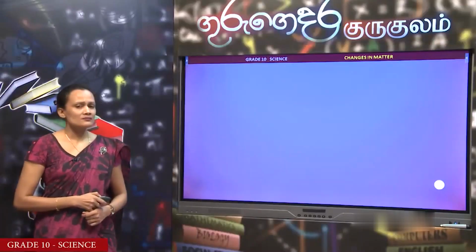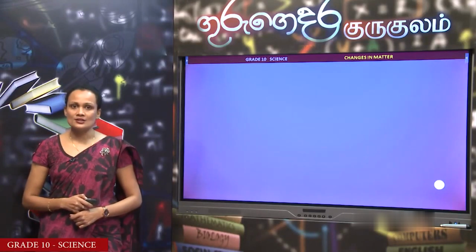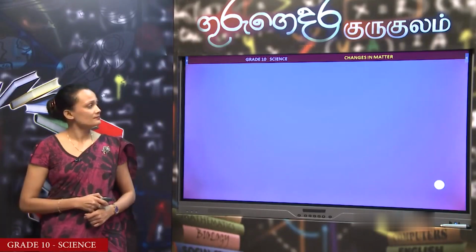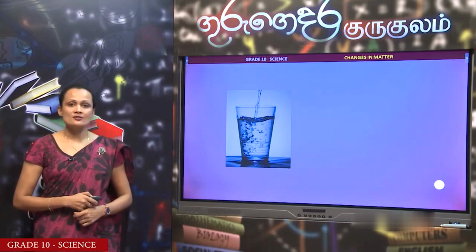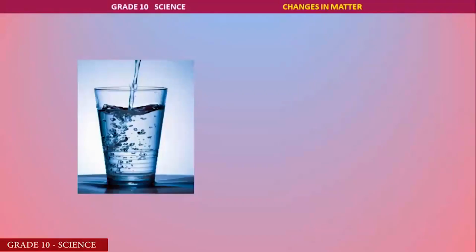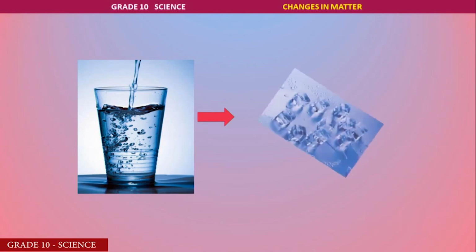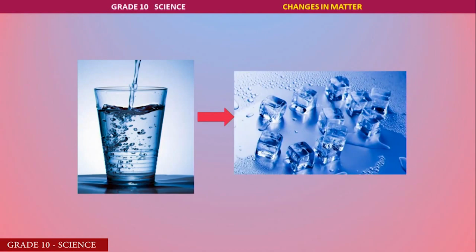Then let's look at some physical changes that occur in matter. Look at this one, a glass of water. If we consider the water, it is present in liquid state. If we pour that liquid into a container and keep it in the refrigerator, after that we can take ice cubes out.